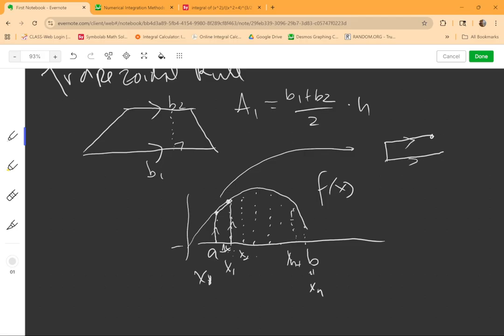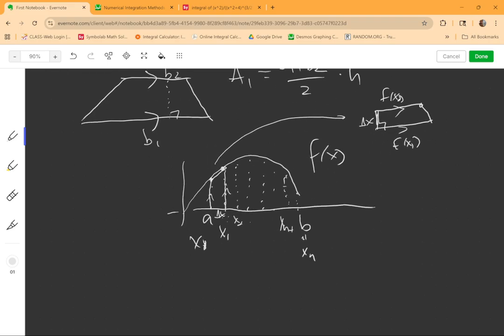So if I draw one of these, that first one, out to the side here, these are the parallel bases, and we have f of x1 and f of x0, the y value, the output value. Those are the bases. And the height, since this is the straight line distance between f of x naught and f of x1, is delta x.